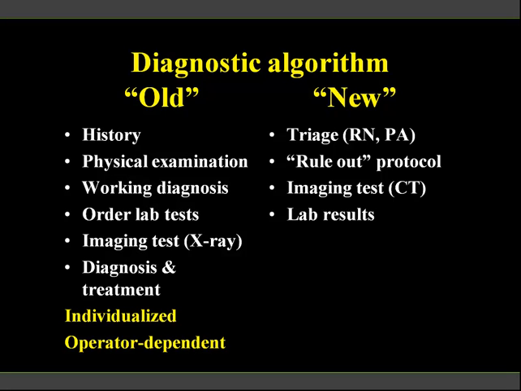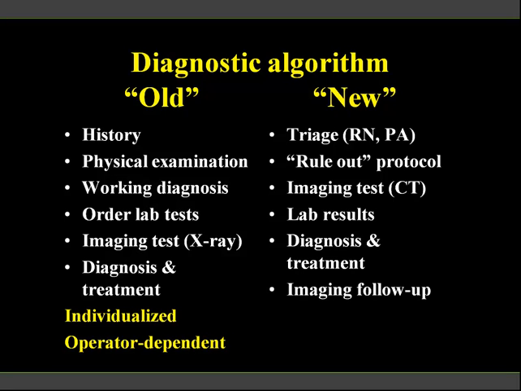Lab results are obtained usually after the CT scan, so the pulmonary CT is easier to get than to wait for the D-dimer results from the lab. Diagnosis and treatment are instituted, and then the findings are usually followed up with another imaging test, and that can be a CT scan. This is protocolized and operator independent, which has certainly advantages.